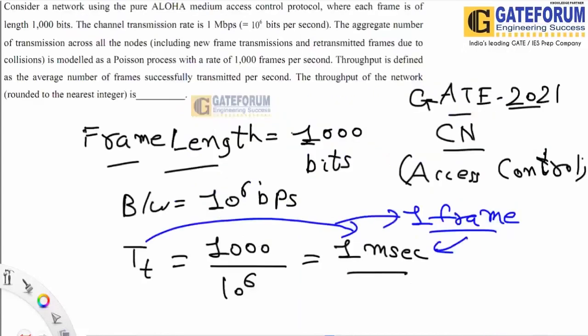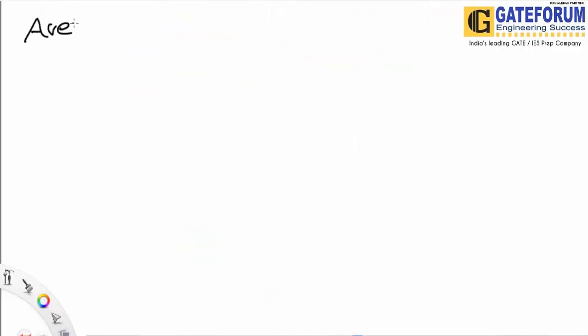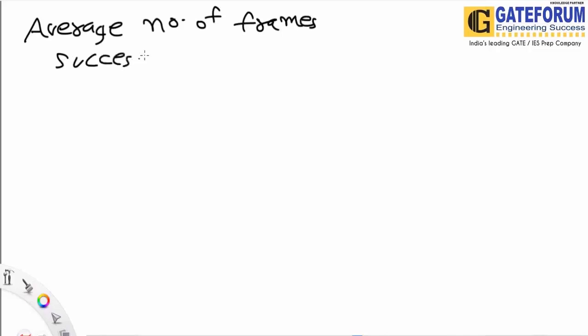Now, what is the question asking? The throughput of the network. Throughput is defined as the average number of frames successfully transmitted per second. So let's say we are transmitting 1000 frames per second, and of that we have a ratio of 0.135. So we can say the average number of frames successfully transmitted in 1 second.